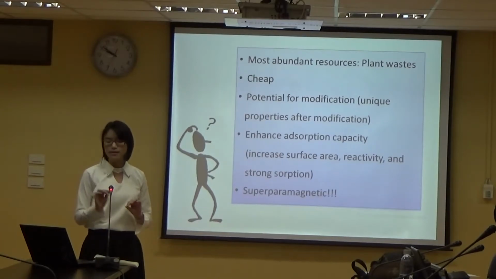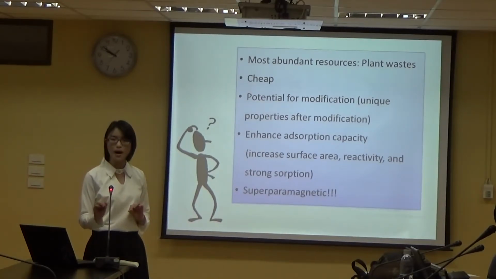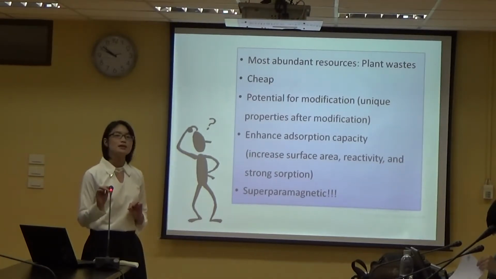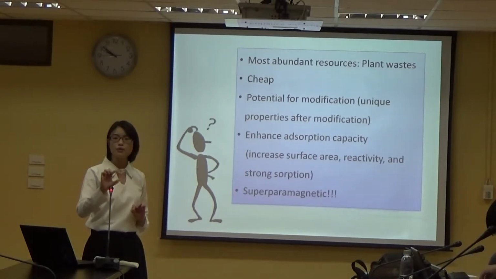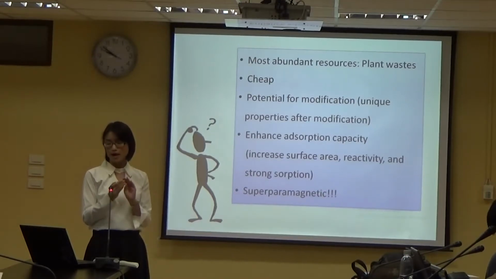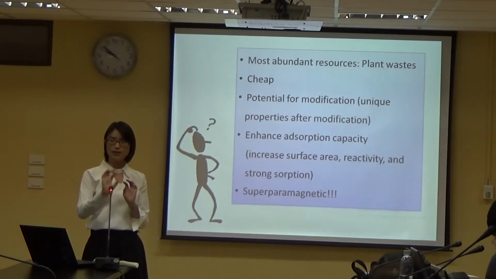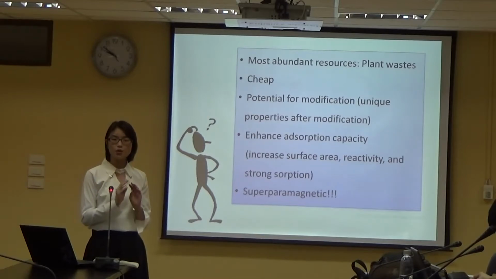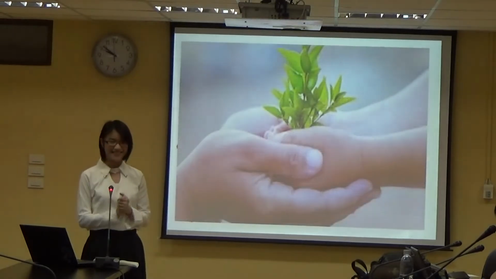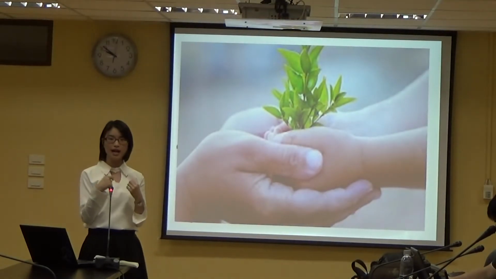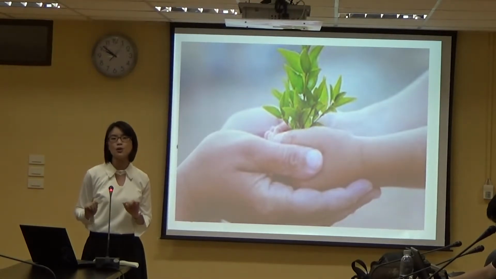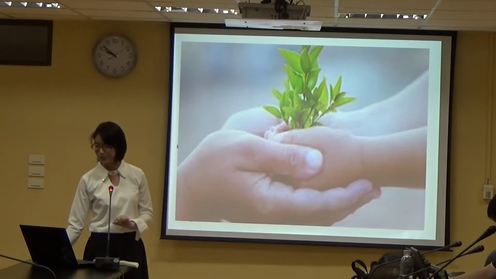Once the magnetic nanoparticle is magnetized by an external magnetic field, this particle will act like a small permanent magnet, and this magnet will adsorb the heavy metal. And once we remove the external magnetic field, this magnetic nanoparticle exhibits no magnetic properties. And I personally am interested in this topic because I think it leads toward more sustainability.